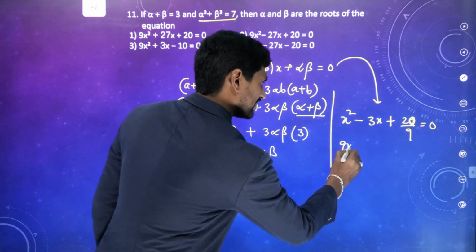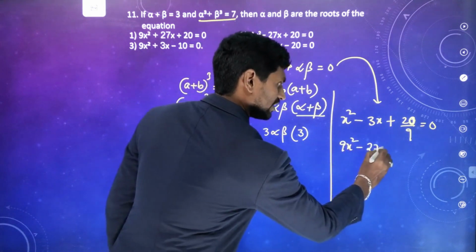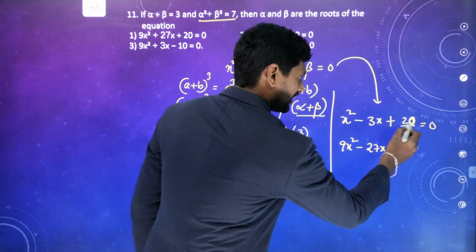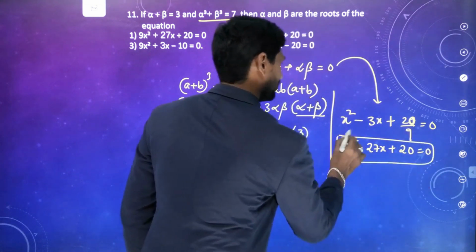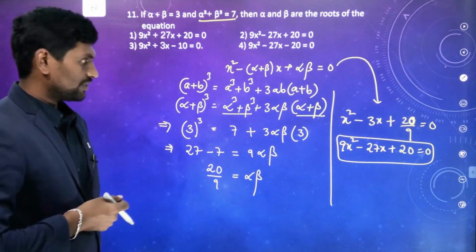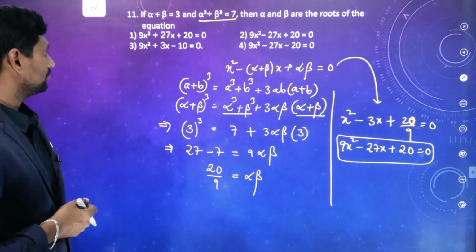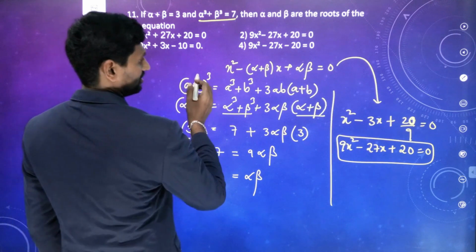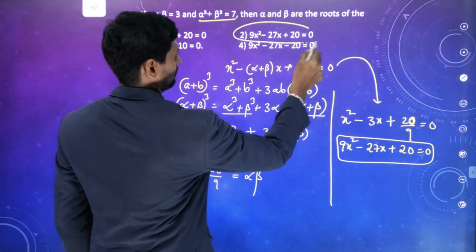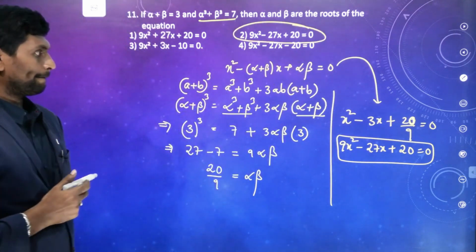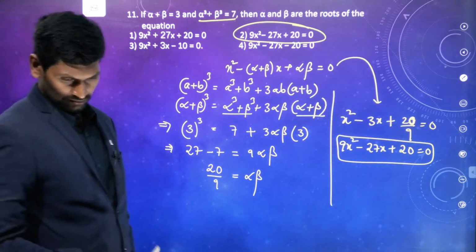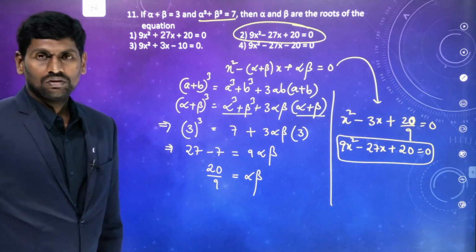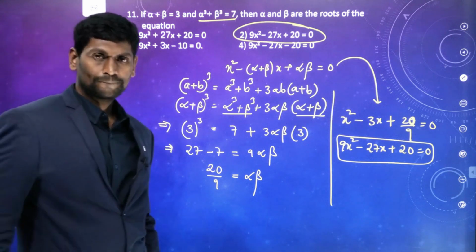It will be 9x square minus 27x, here 9 and denominator 9 cancel, plus 20 equals 0. So 9x square minus 27x plus 20 equals 0. So our option is the second one.